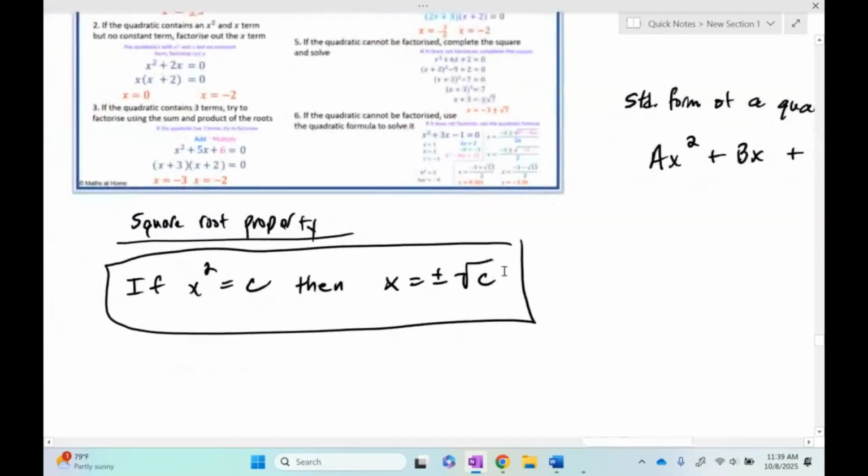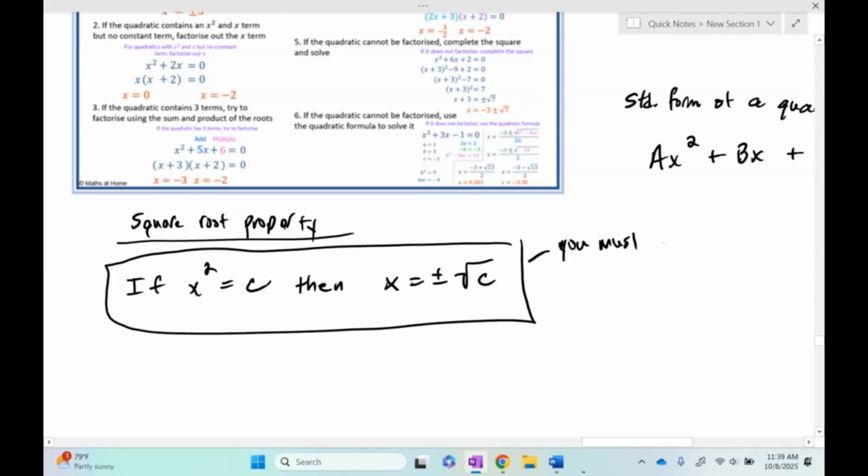In order to use the square root property, you must only have the squared term. There is no first degree term, but you do have a constant. So if you have an x in your equation, you can't use the square root property.